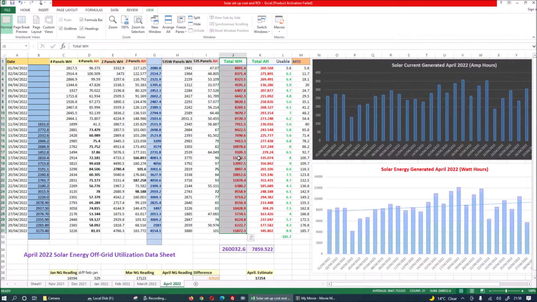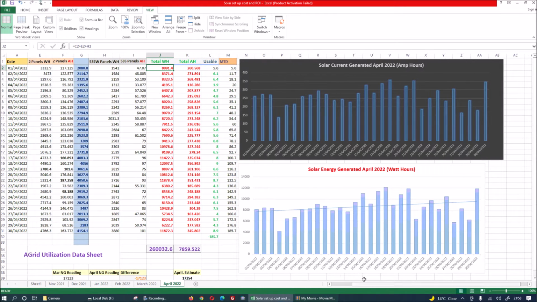What we're going to be dealing with is the total watt hour. You have the daily entries, and the total for this day, which is the 1st of April, is around 8 kilowatt hour that I generated on that day. I also have quick visibility with this chart here, so you can easily see how I have generated solar energy all through the month.